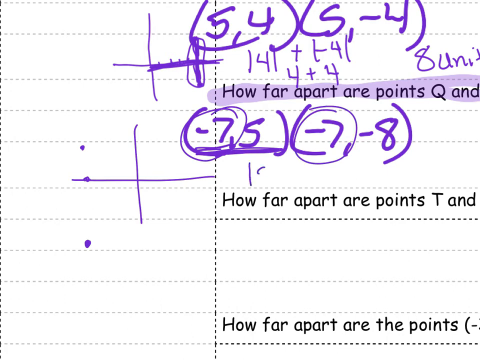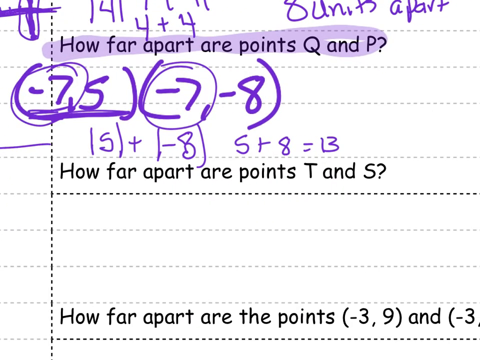It's the absolute value of 5 that would get us to the axes here. We have to add to that the absolute value of -8, because that would give us this part right here. So that gives me 5 plus 8, and we had come up with, just by counting, 13. So that is 13 units away from one another.